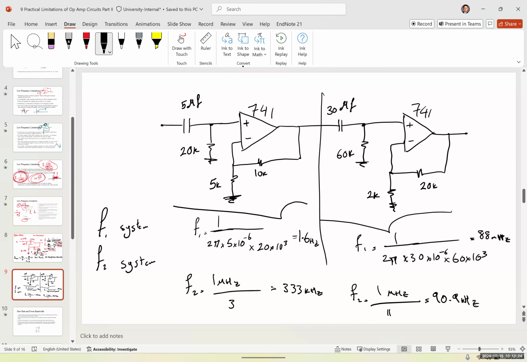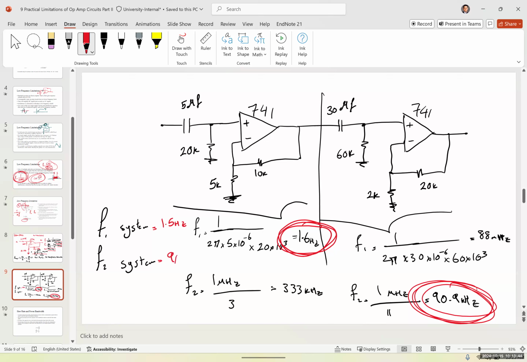Since they have different frequencies, we will pick the higher lower frequency, which here is 1.6, and the lower upper frequency, which is 90.9 kilohertz. So F1 would be 1.6 hertz, and F2 would be 90.9 kilohertz.